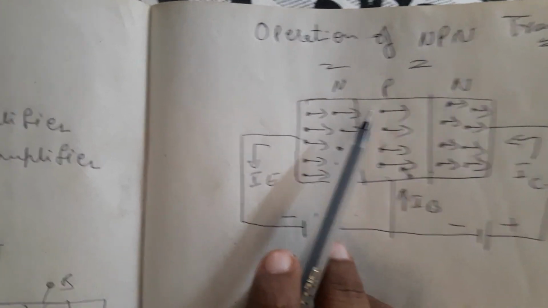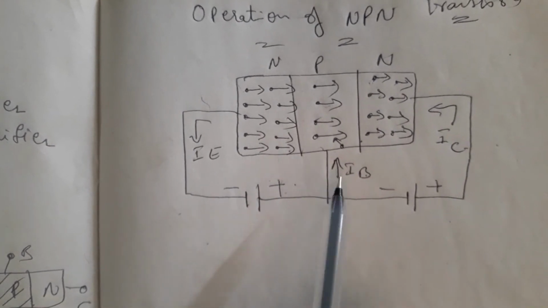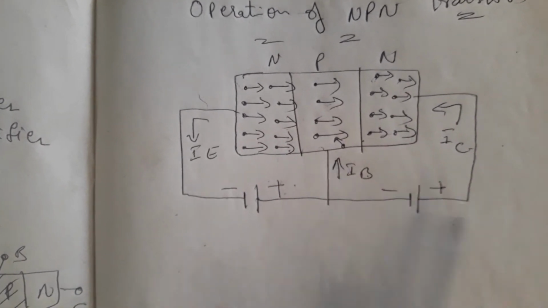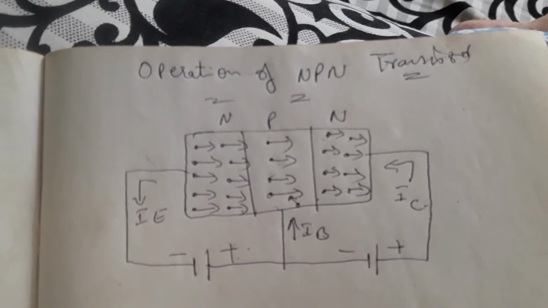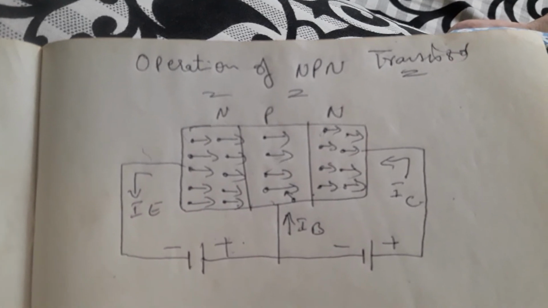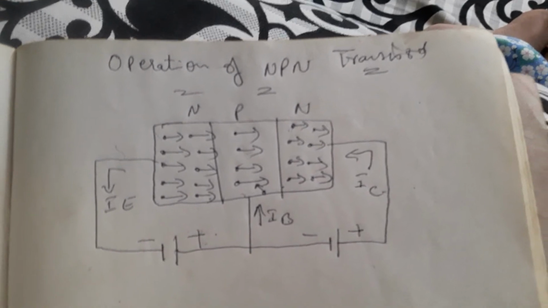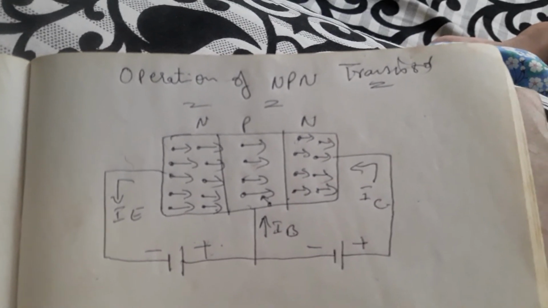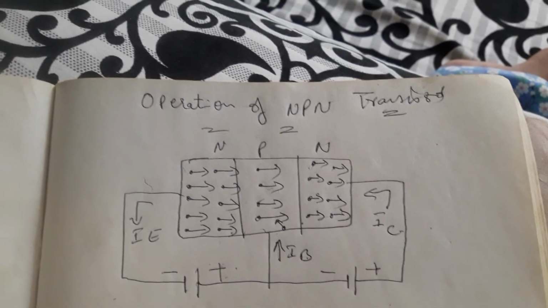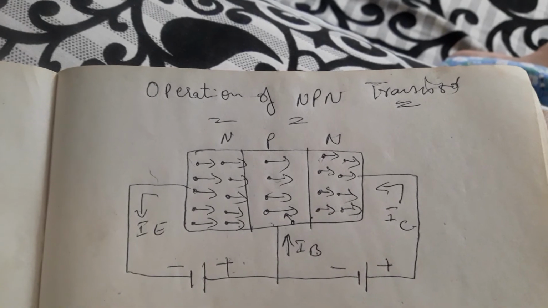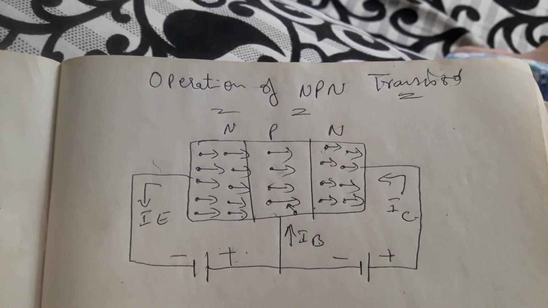Once again, the forward bias applied to the emitter base junction of an NPN transistor causes a lot of electrons from the emitter region to cross over to the base region. As the base is lightly doped with p-type impurity, the number of holes in the base region is very small, and hence the number of electrons that combine with holes is also very small.